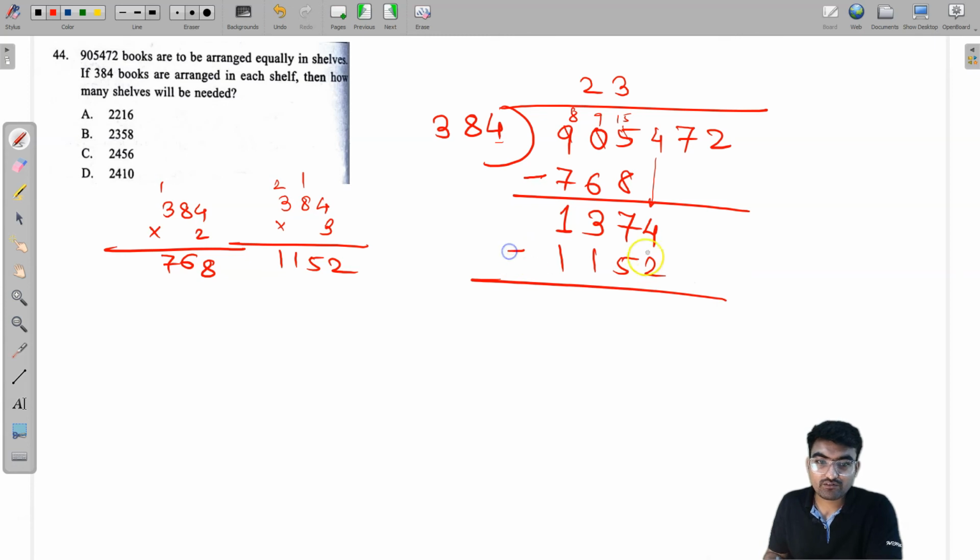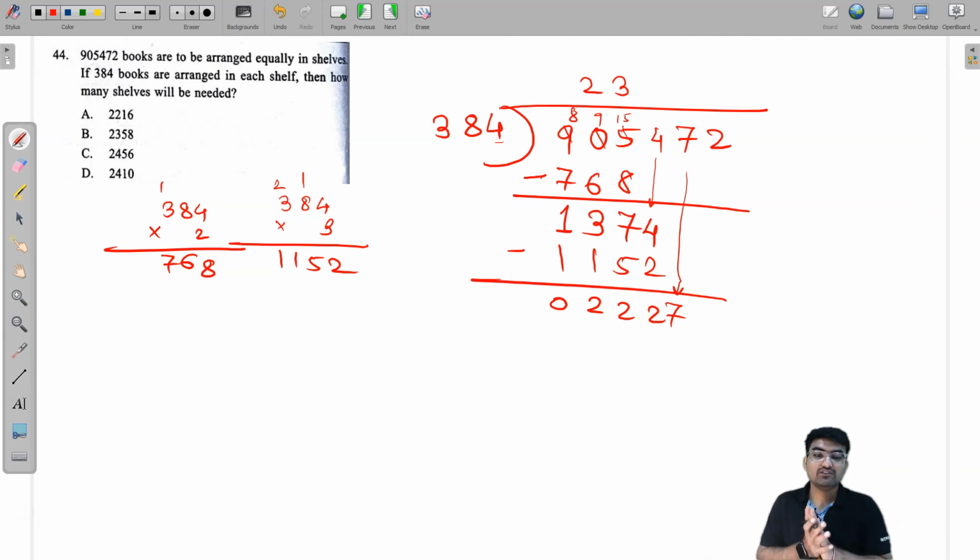Okay, what do we get? 4 minus 2 is 2, 7 minus 5 is 2, 3 minus 1 is 2, 1 minus 1 is 0, and we get 7. Right? Now again you'll have to think, 3 sevens are 21, but still there will be 784, so it will be more than that, so we should go with 6.